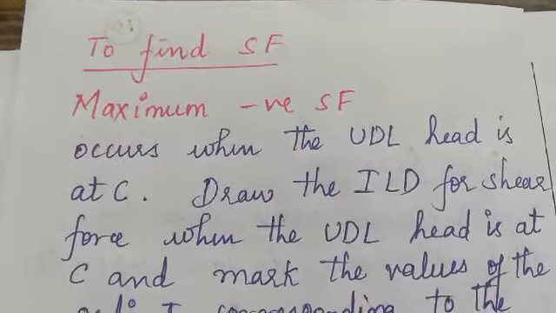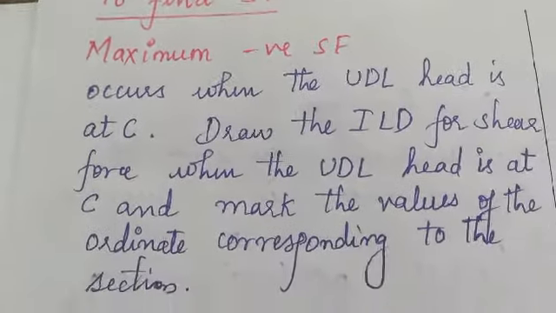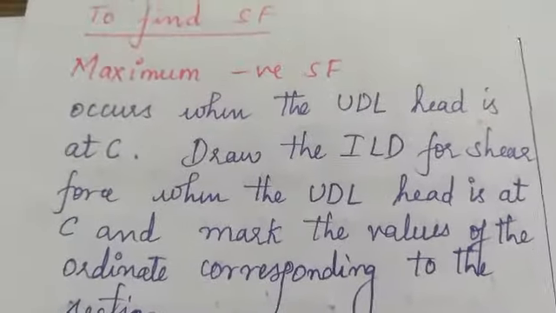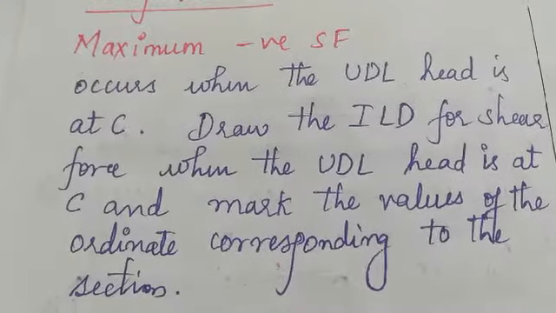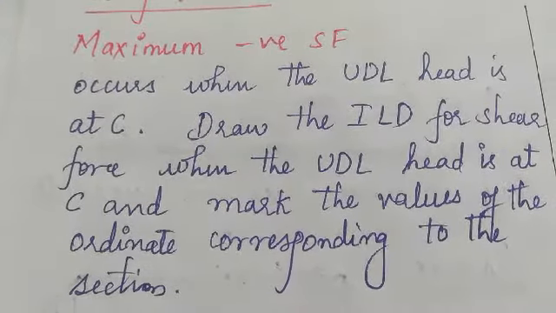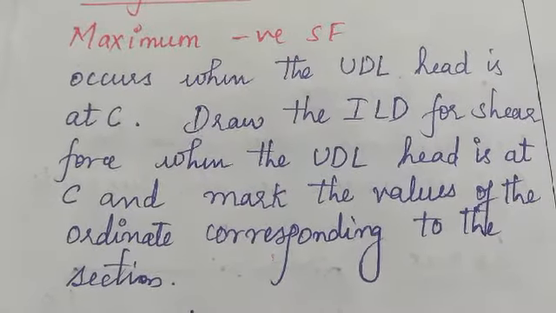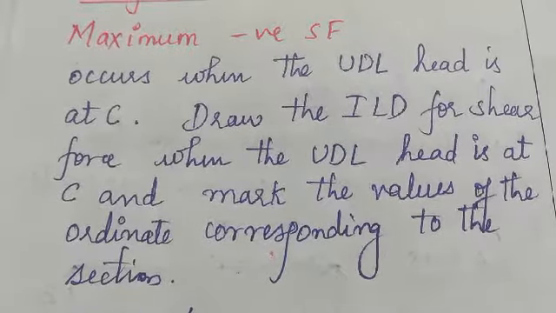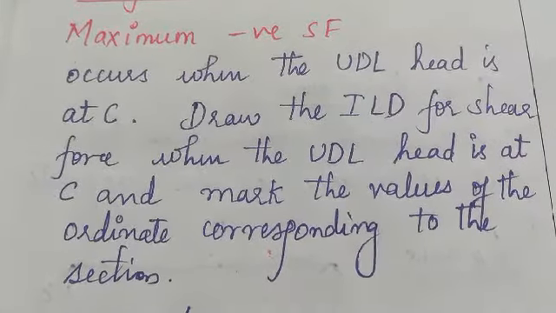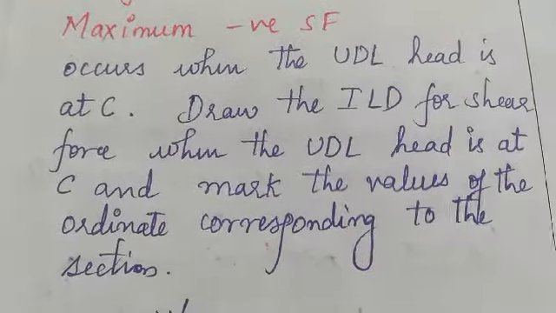Okay, now next let us calculate maximum negative shear force. Now there is a theory part. Maximum negative shear force occurs when the UDL head is at C. Now how do we calculate this? Draw the influence line diagram for shear force when the UDL head is at C and mark the values of the ordinates corresponding to the section.